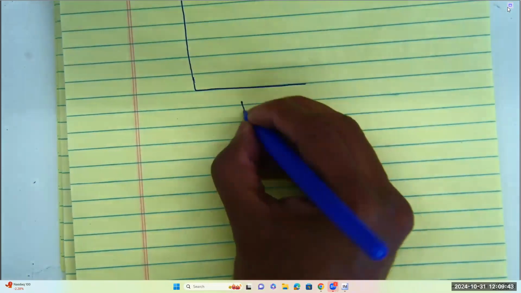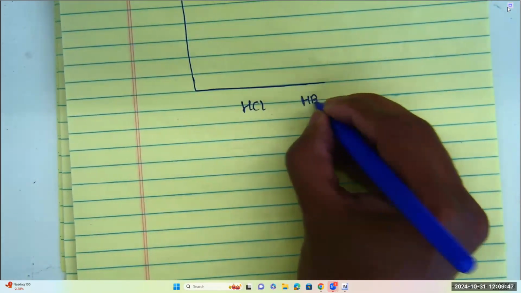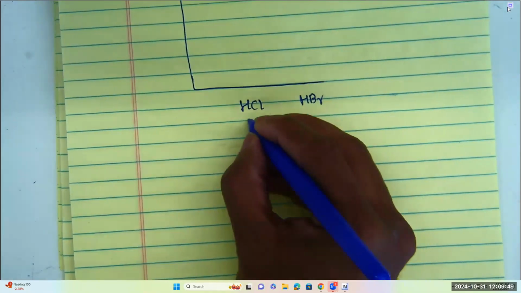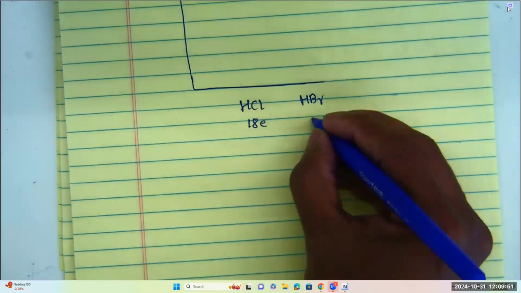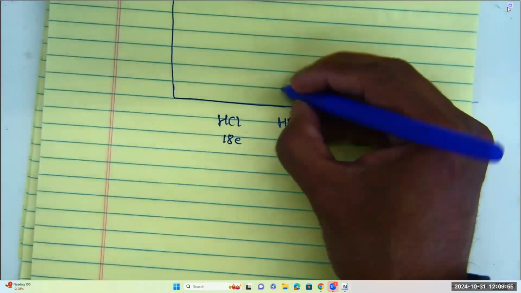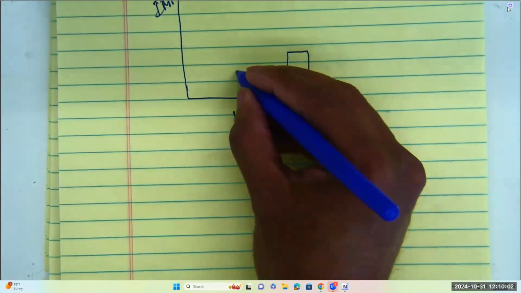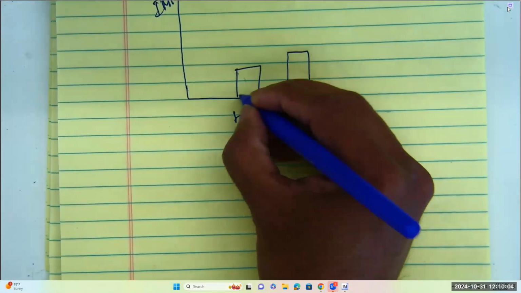So earlier we saw HCl and HBr, right? HCl is more polar than HBr. HCl has only 18 electrons and HBr had 36 electrons. However, HBr has overall stronger intermolecular forces than HCl.